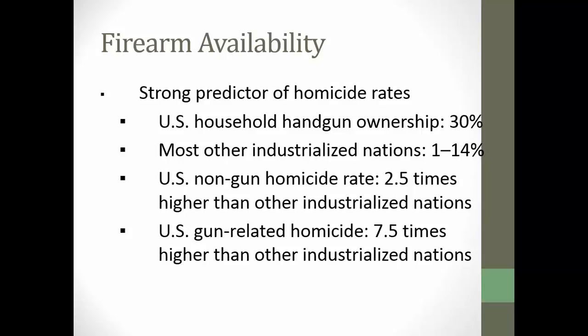Again, this is something we talked about in the last couple slides: the difference between the U.S. and other countries is most evident in our homicide via firearm. Depending on the year and the country, we are anywhere from 5 to 10 times more likely to kill each other with firearms.